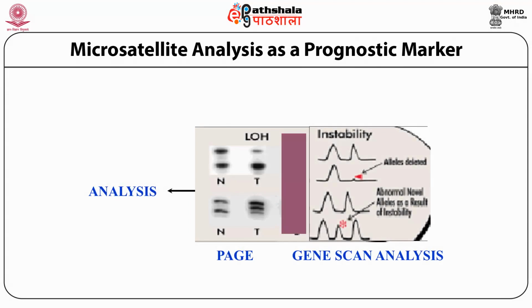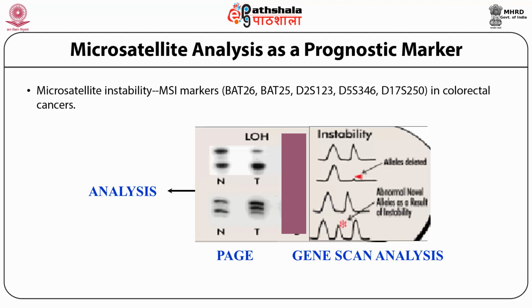This slide shows how microsatellite analysis is useful in cancer prognosis. A panel of microsatellite instability markers is used in cancer diagnosis, especially in the colorectal cancers, where one uses a combination of at least 5 MSI markers, which include mononucleotide repeats like BAT25 and BAT26, and 3 dinucleotide repeats called D2S, D5S, and D17S.